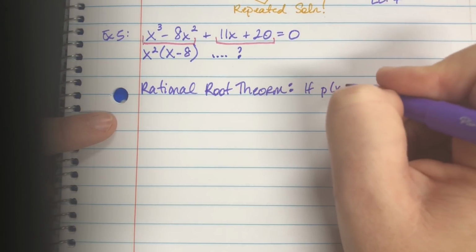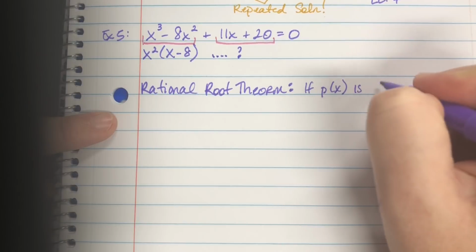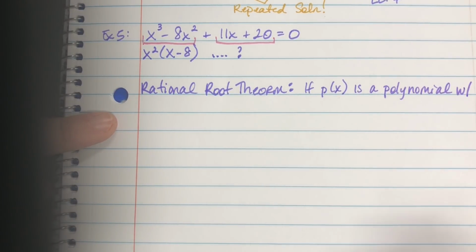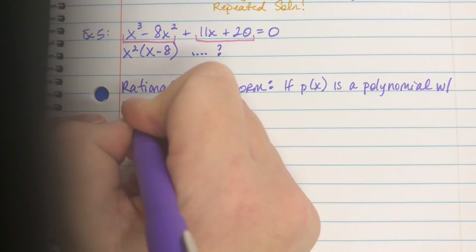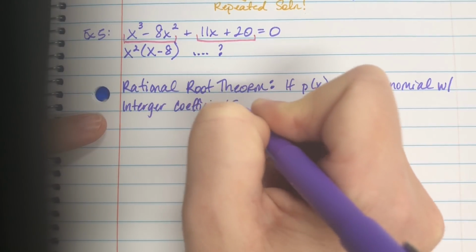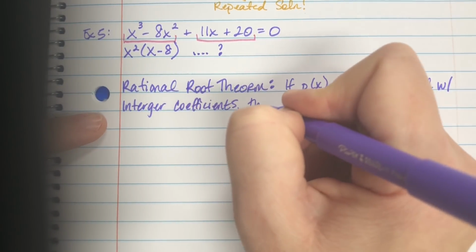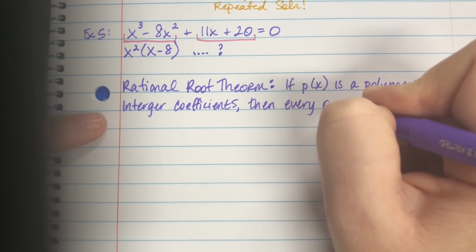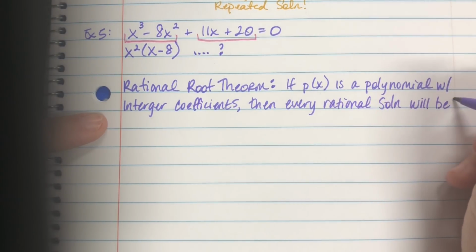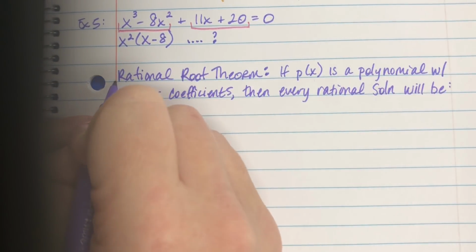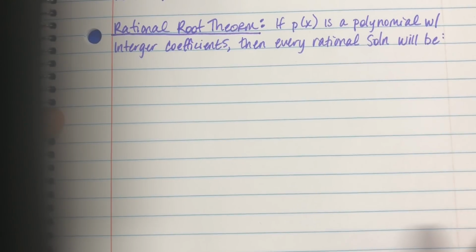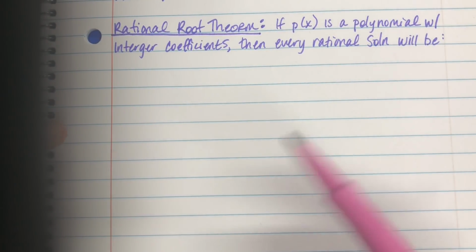If p of x is a polynomial with integer coefficients, then every rational solution will be p over q.